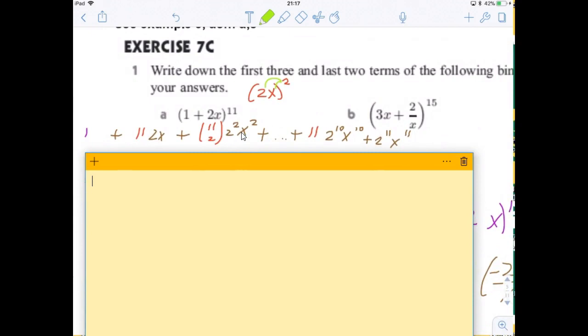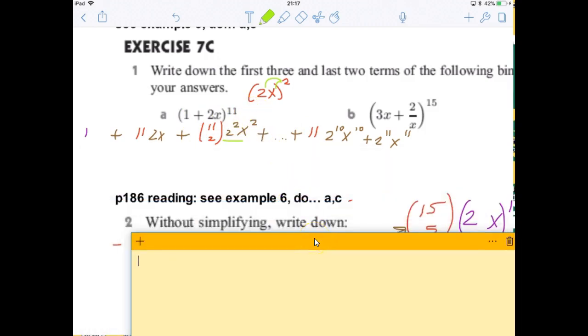So it would be 2 squared x squared, right? That's why I got 2 squared x squared. And toward the end here, I have 2 to the 10th, x to the 10th. And then I have 2 to the 11th, x to the 11th for the exact same reason. So that's it for A. That's how you build (1 plus 2x) to the 11th.